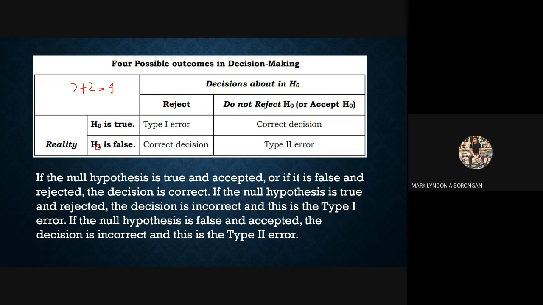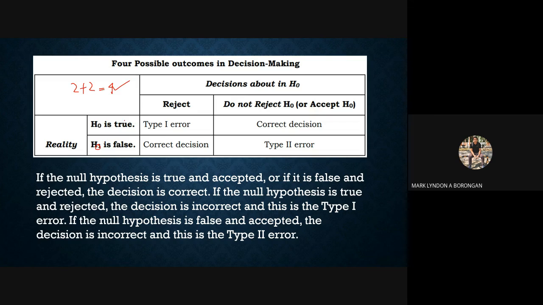If we accept it, or do not reject it, it is the correct decision. But if we reject it, we will call it a type 1 error. A type 1 error is when the null hypothesis is true but rejected.